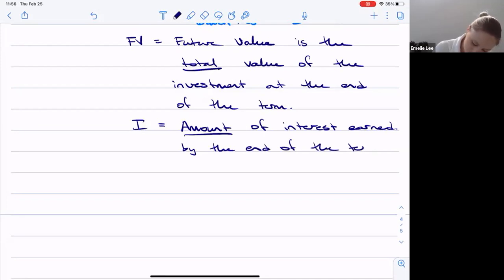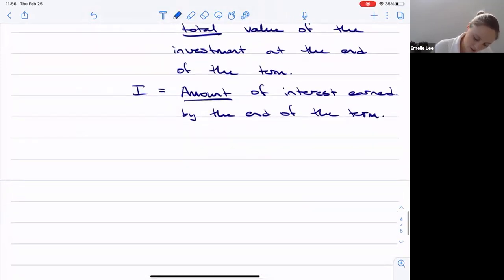And just so we're clear here, the amount of interest is going to be the future value minus the initial investment.